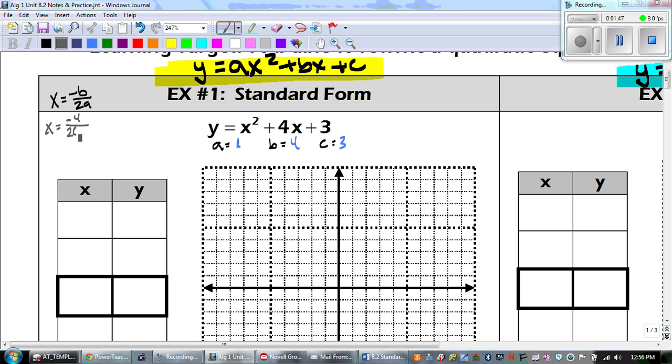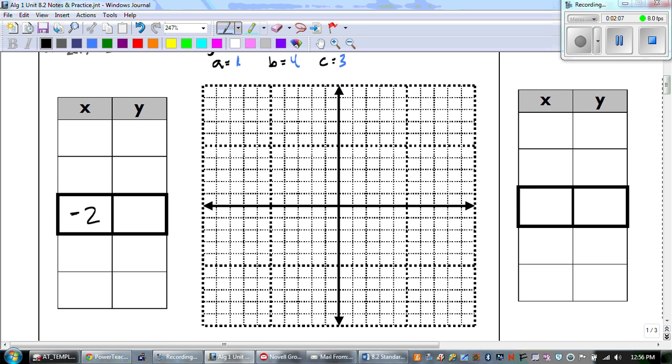And then we're doing 2 times 1, which is 2. Negative 4 divided by 2 is negative 2. That tells me what my x value is for the vertex. Remember, the vertex kind of drives our graph.